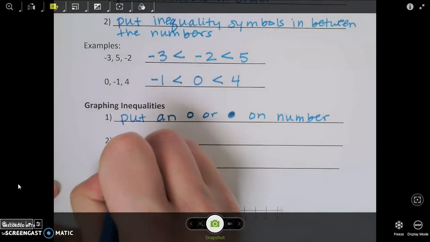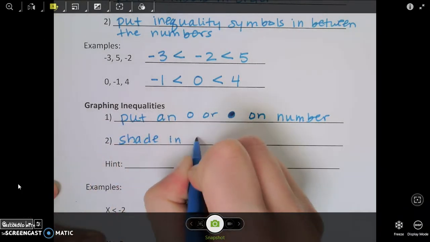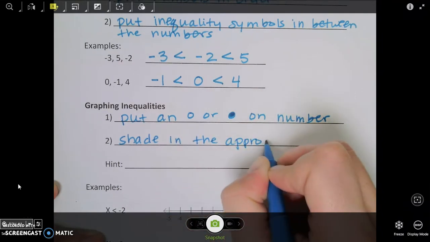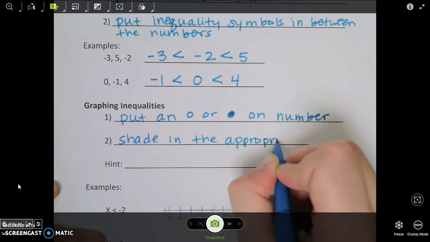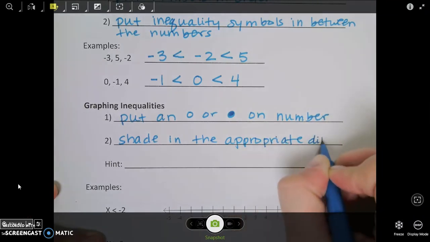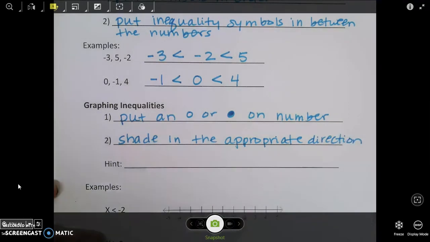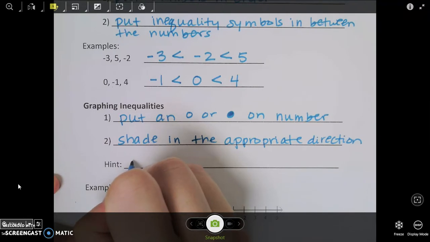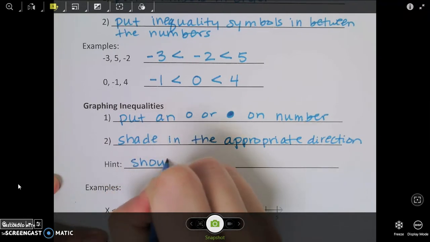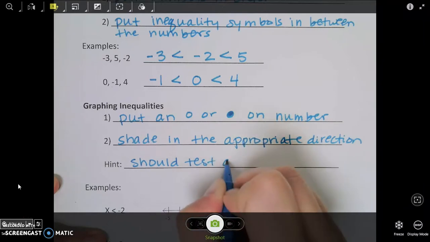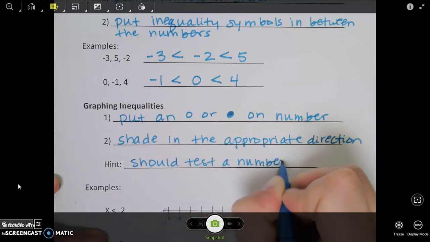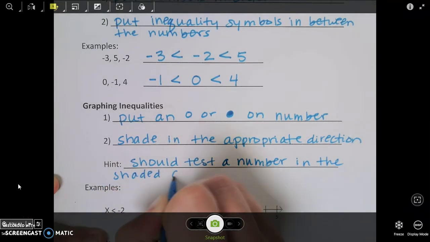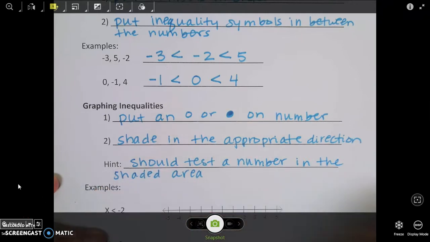Second of all, you need to shade in the appropriate direction based on the symbol, and my hint is that you should test a number in the shaded area to make sure it makes sense.